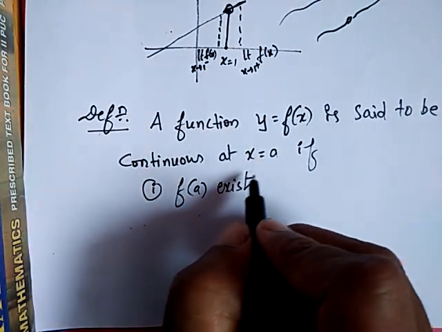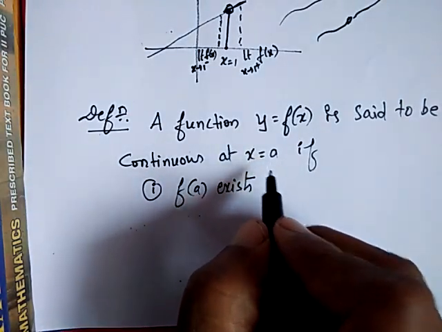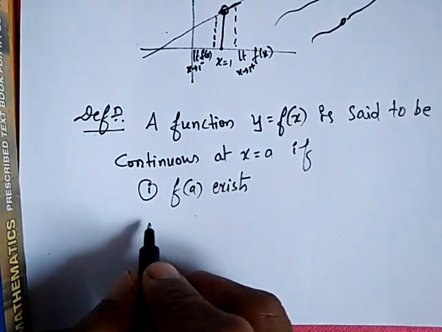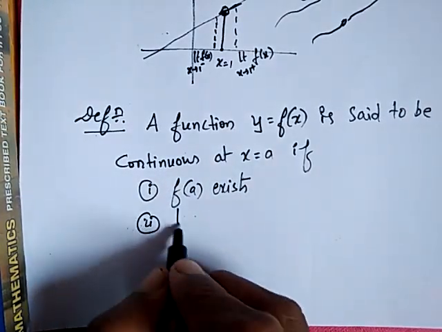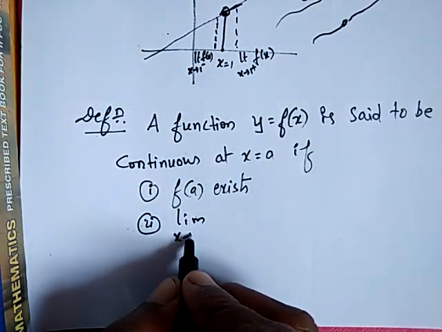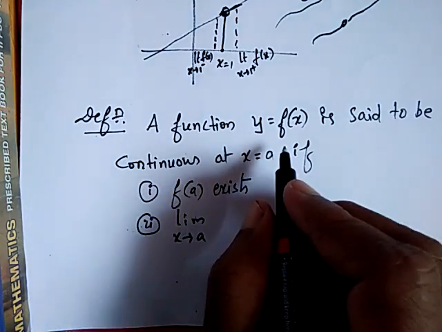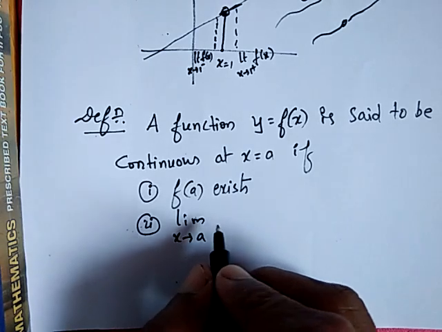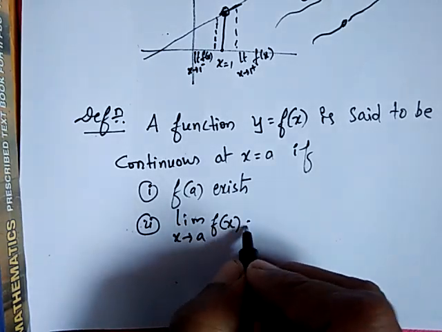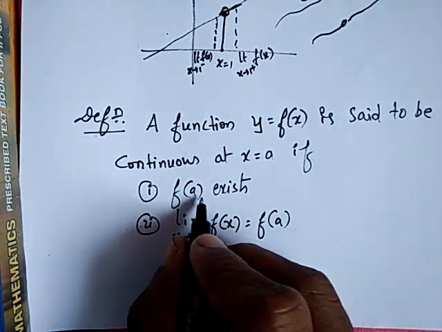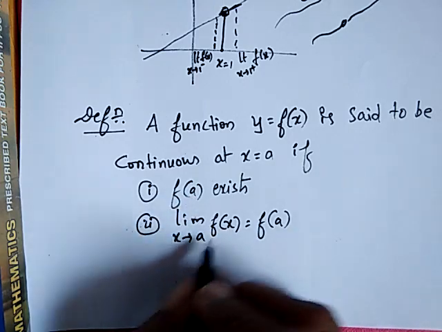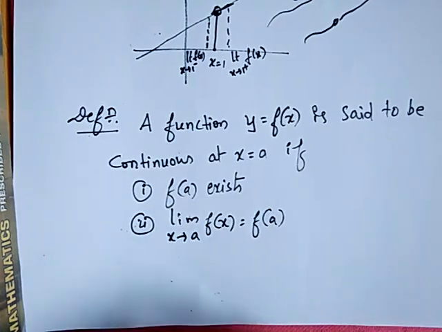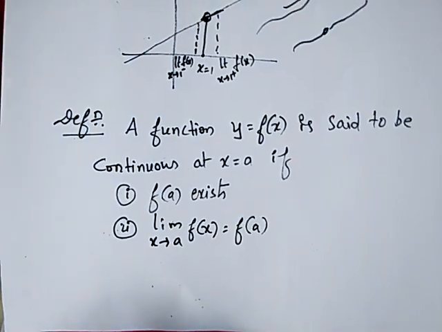So instead of c I have taken a here. You can take a also instead of c. Second one, limit of x tends to a of f of x, because in the previous one I took c, here I have taken a. This should be equal to f of a. The value of the function at a should be equal to the limit of the function. Then we can say that the given function is continuous.